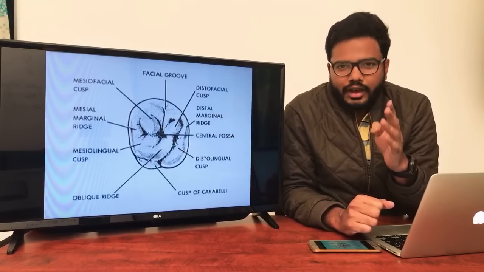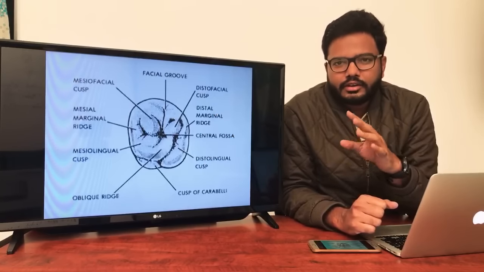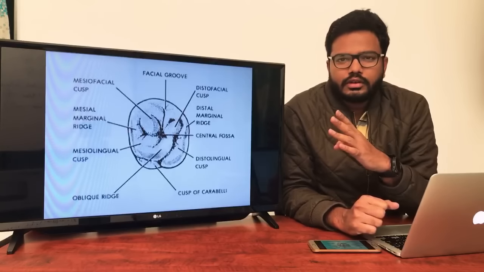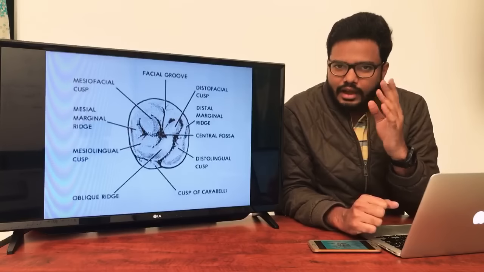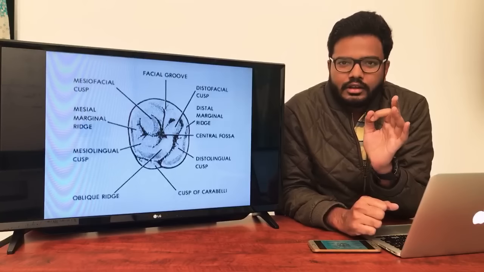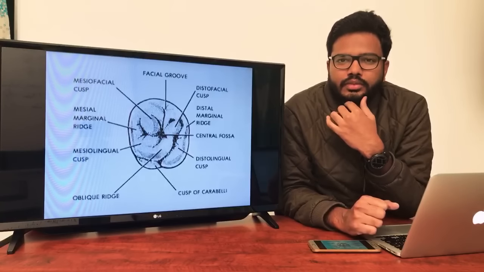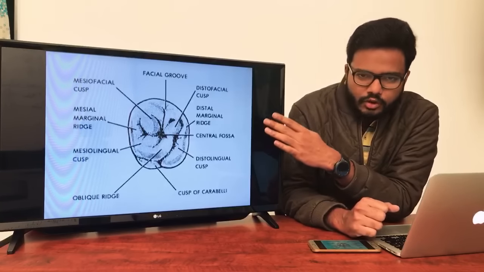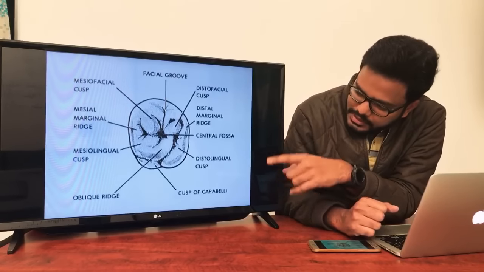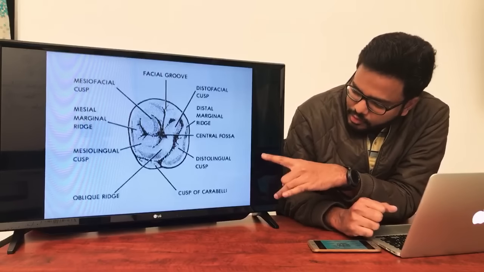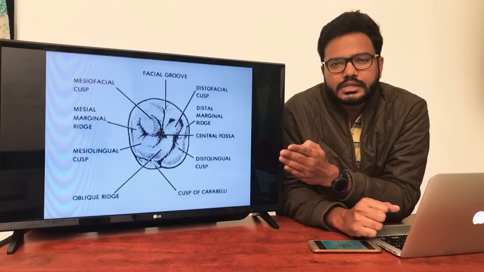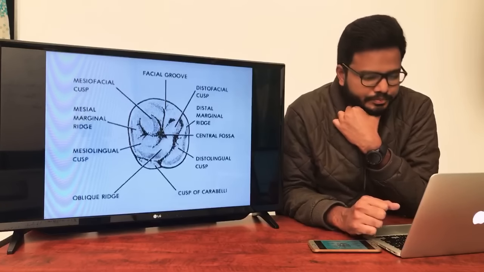Now a related question: if I ask you to arrange the size of the cusps in descending order, what would be your answer? You have your maxillary first molar, you can see the occlusal surface with 5 cusps including the cusp of Carabelli, even though it's not very prominent. What would be the order of the size of the cusps in descending order?